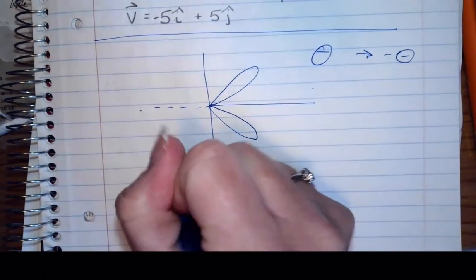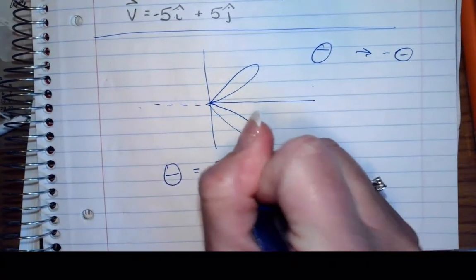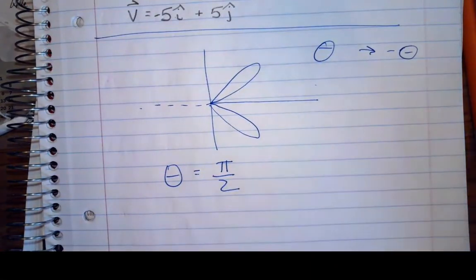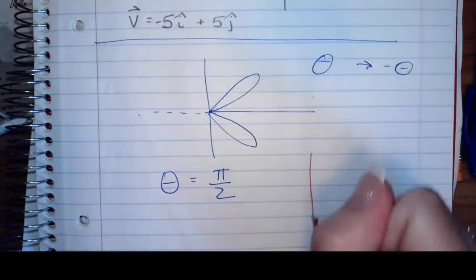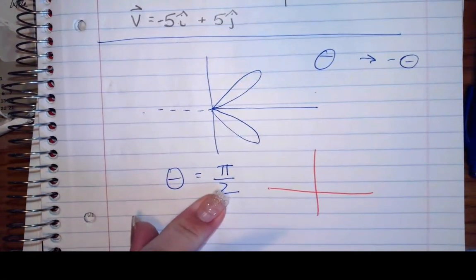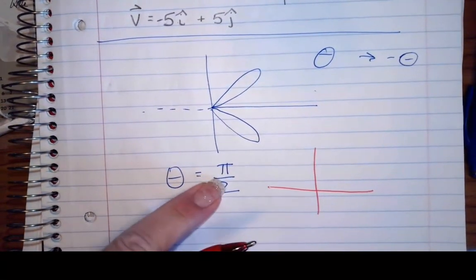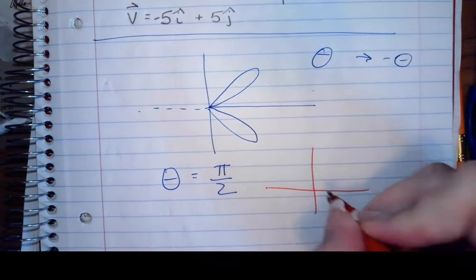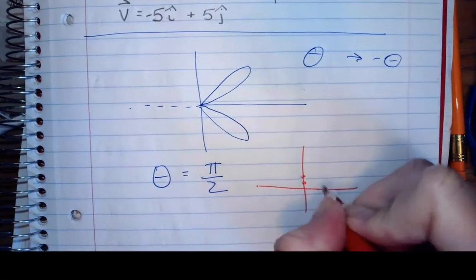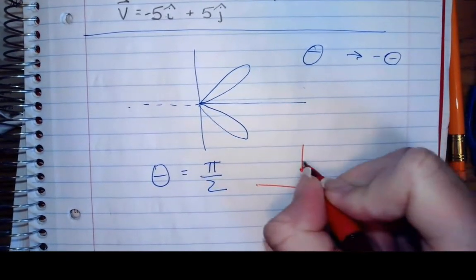When we are dealing with lines, lines are going to be in the form theta equals some angle measure. What that's going to look like is basically the set of all points that are this far away from the polar axis. So if I'm here and I go out to pi over 2, and I'm here and I swing out to pi over 2, and here.